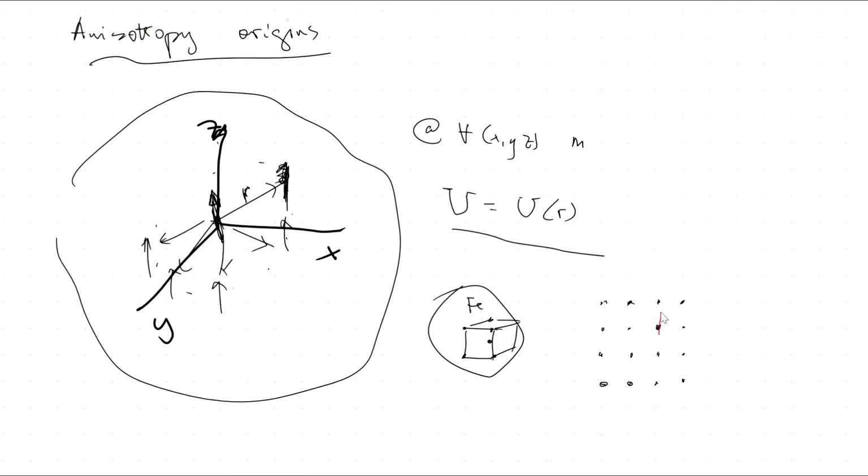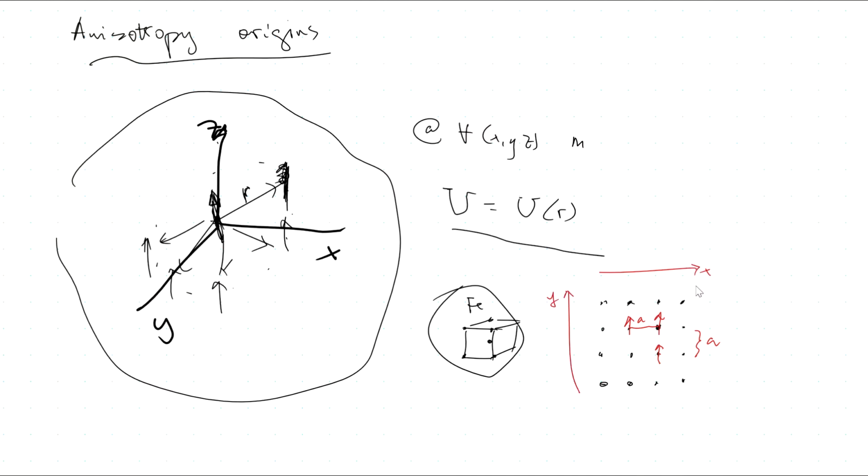There is a magnetic moment here, there is a magnetic moment here, and this distance is A. There is another magnetic moment here, and again this distance is A. So the distance from this magnetic moment to that is the same as this to that. So there will be the same magnetic properties along the X direction and along the Y direction.